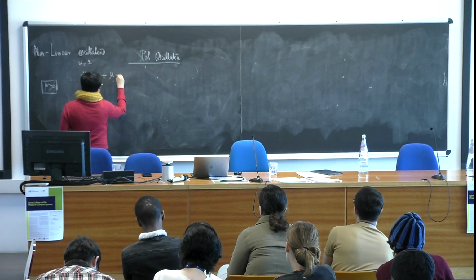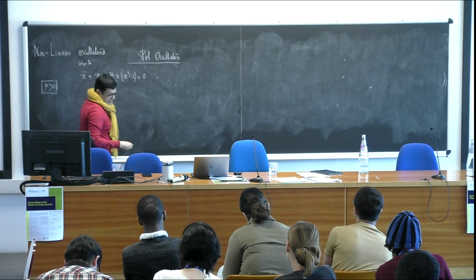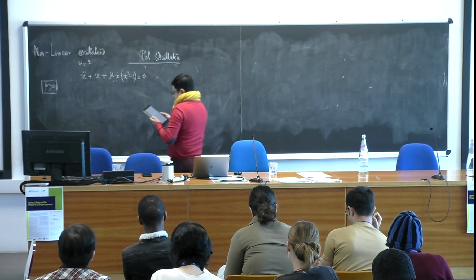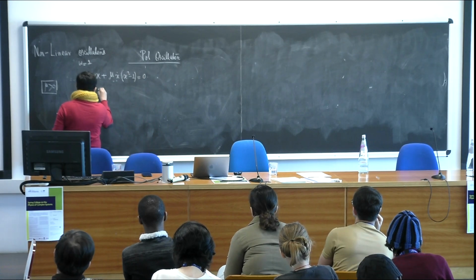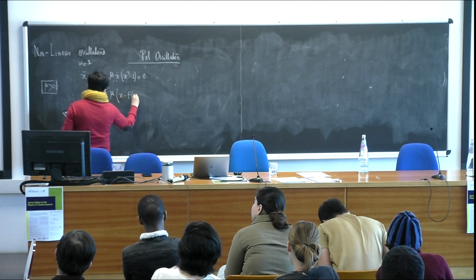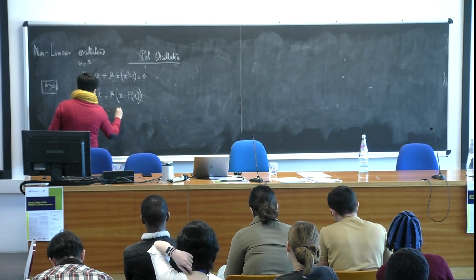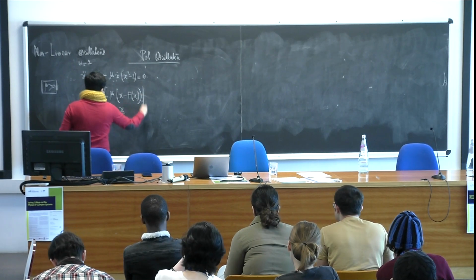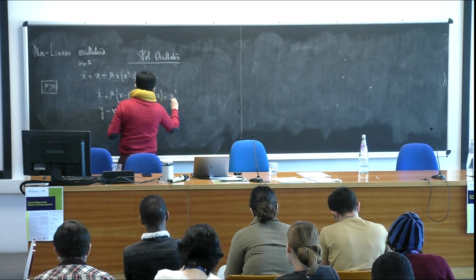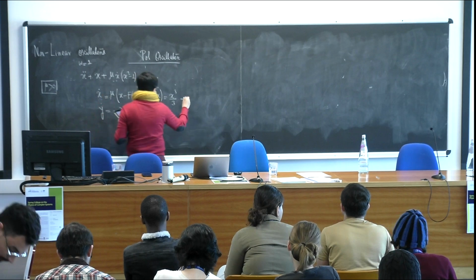So mu x dot of x squared minus 1 equals 0, and then after those transformations, I had my equation written in terms of x and y, where x dot is equal to mu times (y minus f(x)), y dot is equal to minus x by mu, where f(x) is this function, x cubed by 3 minus x.